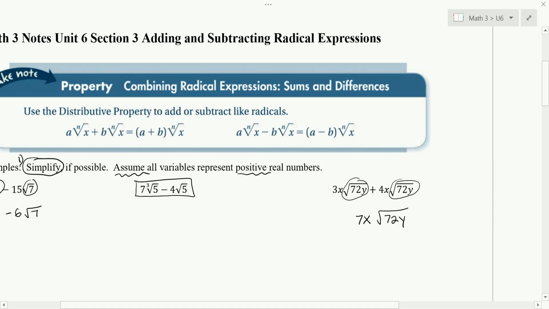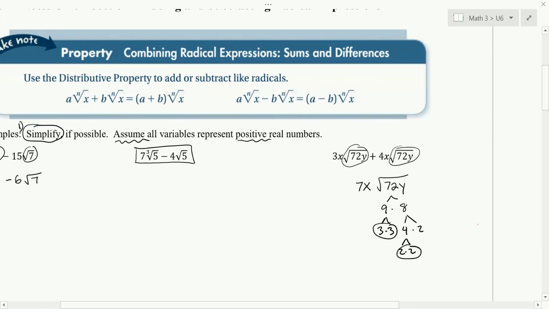And 72, well, there's quite a bit there. Let's check to see if we can simplify that further. So 72, we break that down to 9 times 8. 9 is 3 times 3. 8 is 4 times 2. And 4 is 2 and 2. So we have a pair of 3's and a pair of 2's that we can take the square root of.